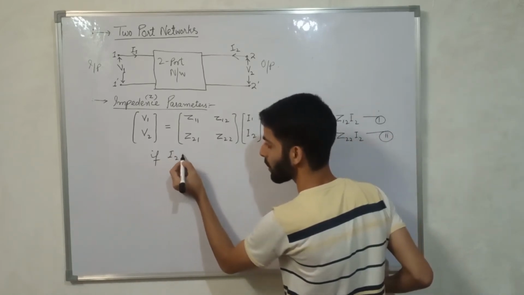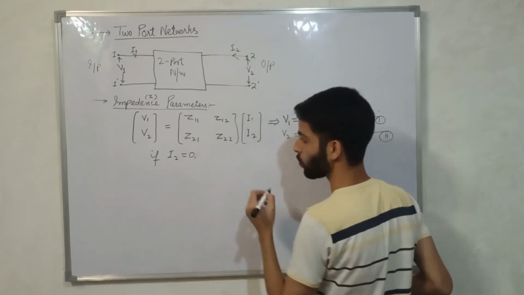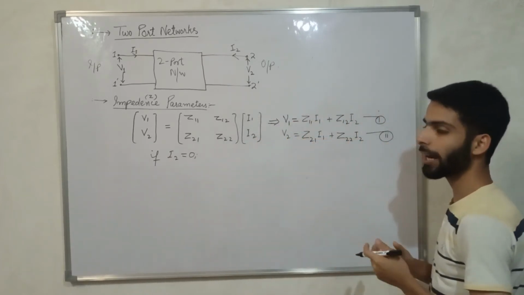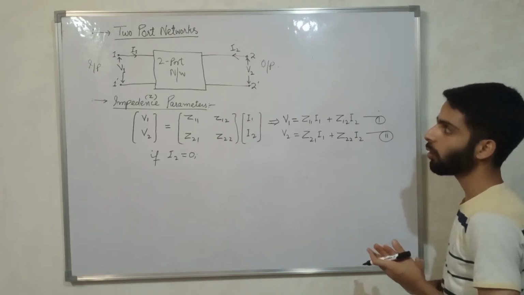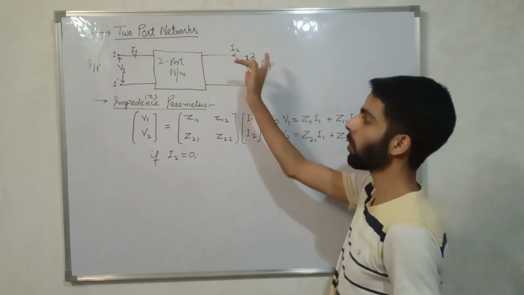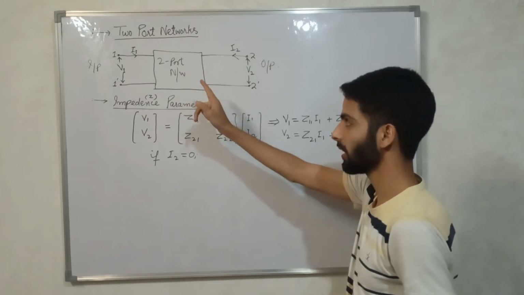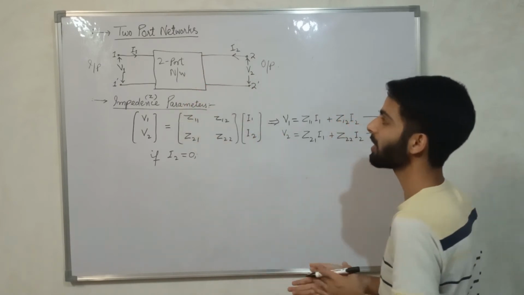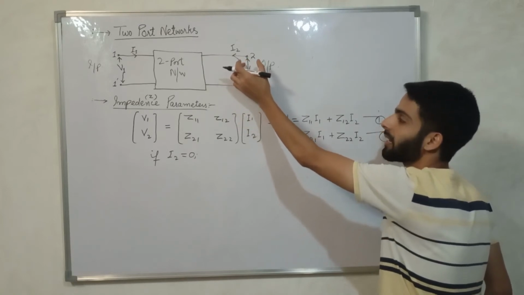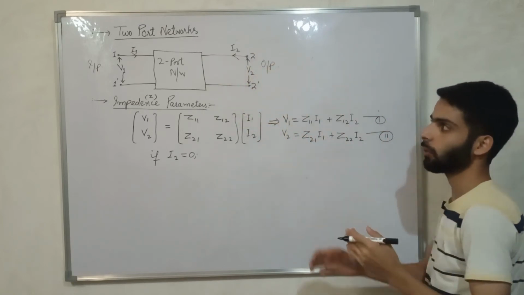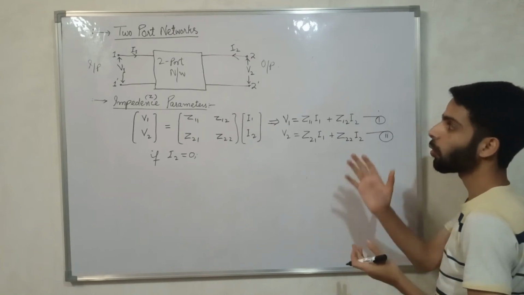What does I2 equal to 0 mean? I2 equal to 0 means there is no current flowing into that. That means open circuit of the second port, the output port.